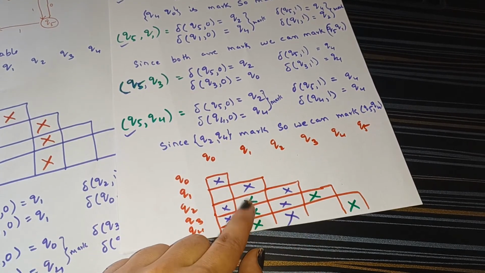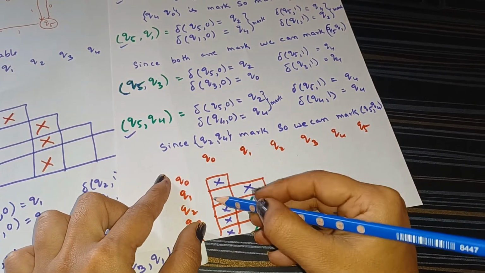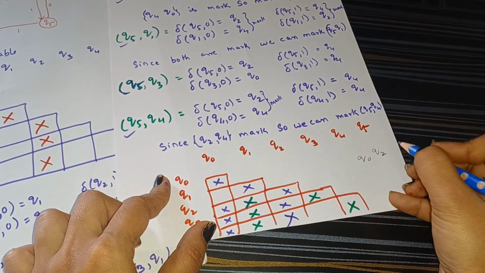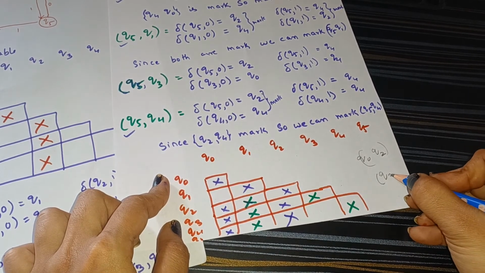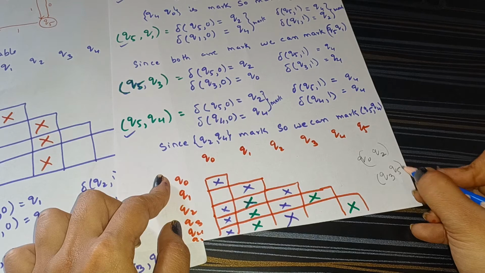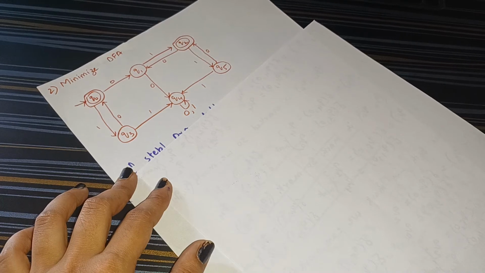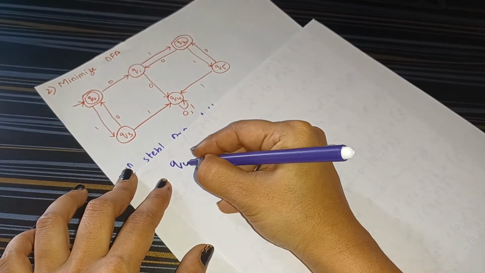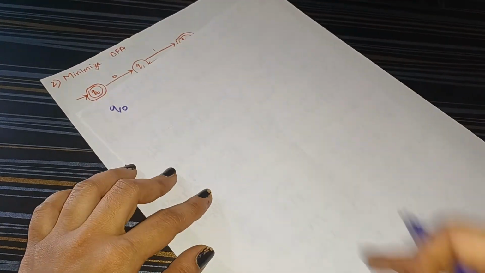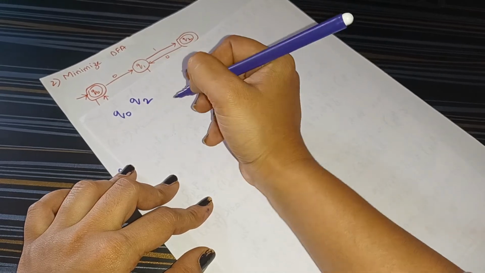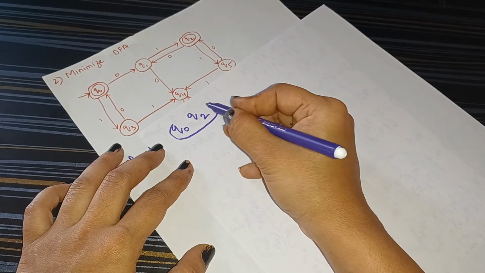So what I will do is draw a state diagram for this. I will take the box Q0, Q2 as one state and Q3, Q5 as one state. I will take these two as one state each. Since Q0, Q2 includes the final state, we will take it as a final state.